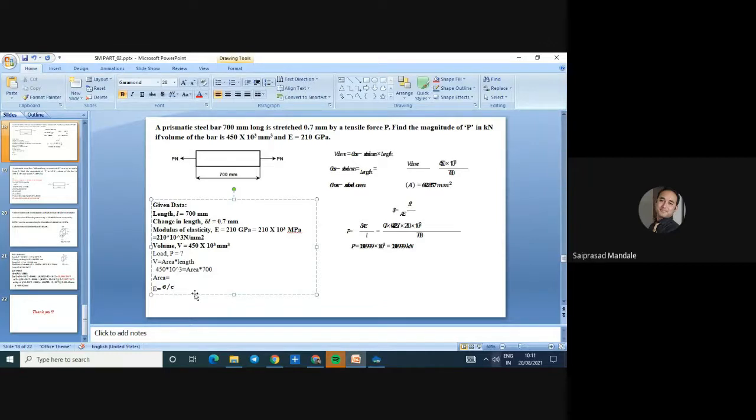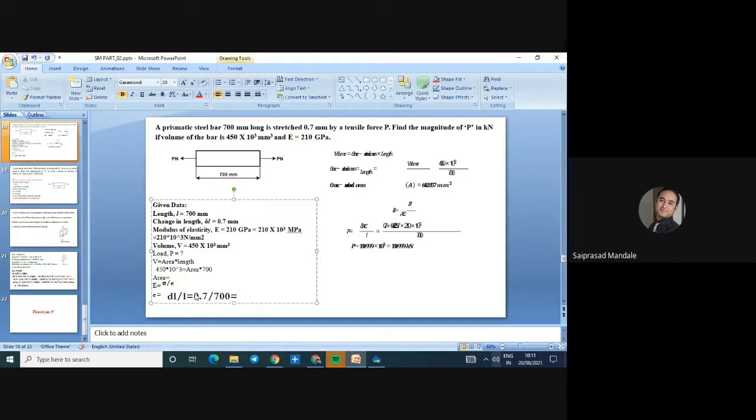Now we will be calculating strain. Strain is equal to delta L by L. So delta L is 0.7 divided by 700.